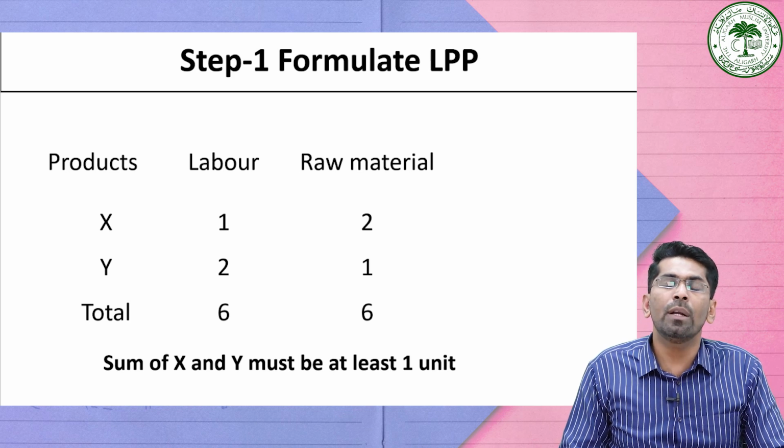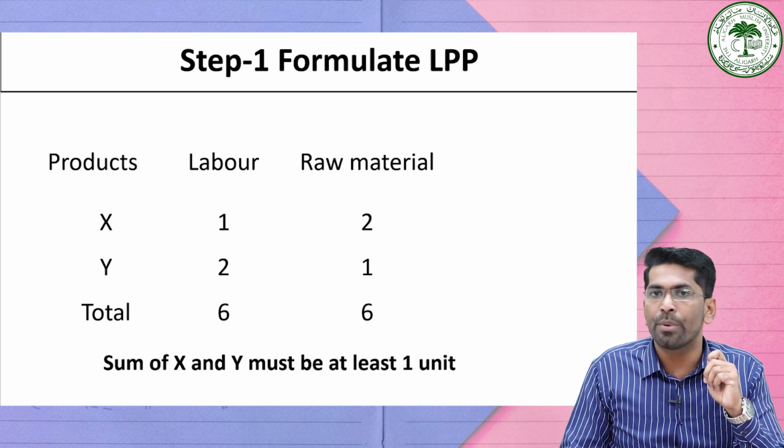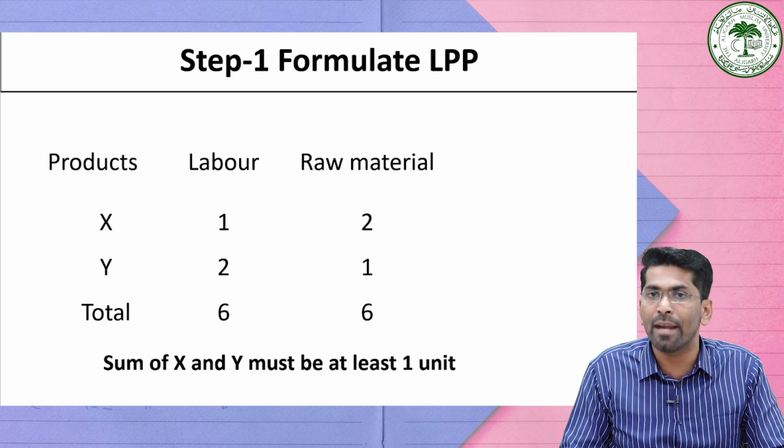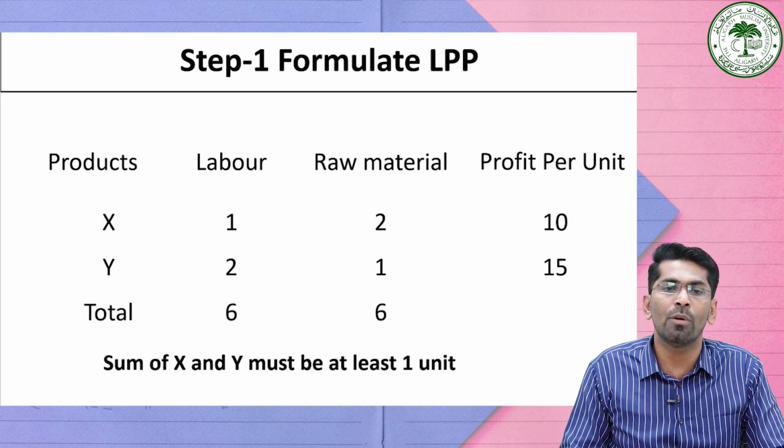And besides that, what other information is given in the problem? Each unit of product X contributes 10 rupees to the profit, and each unit of commodity Y contributes 15 rupees to the profit. So I am going to add here that the profit rate is also given.